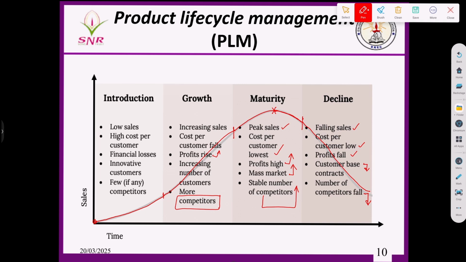So this is the product life cycle management. To summarize, once the product gets launched in the market, it will have momentum to grow in sales. It reaches the maximum at the maturity level, then the product sales come down.